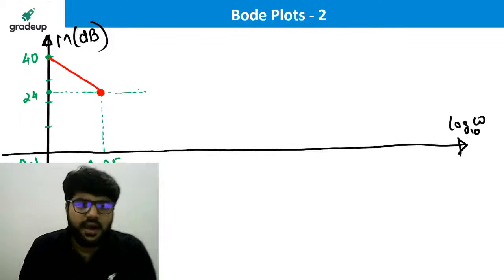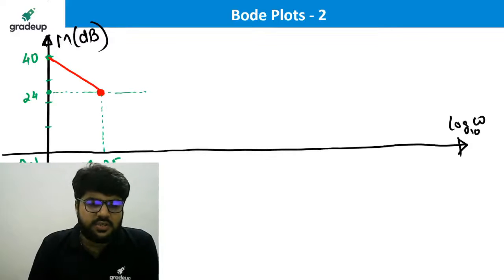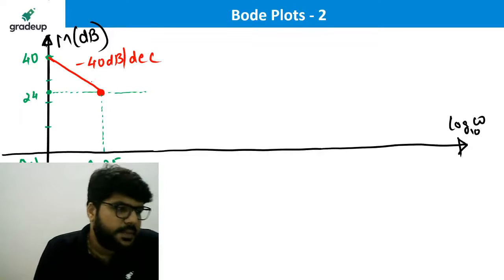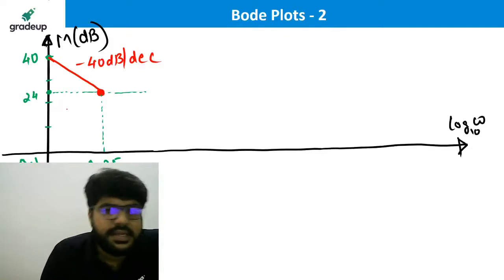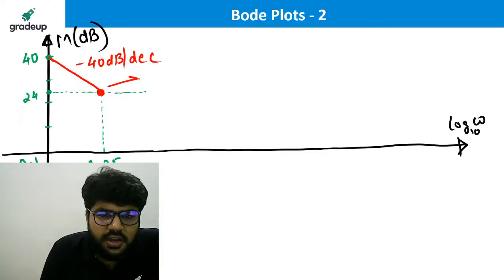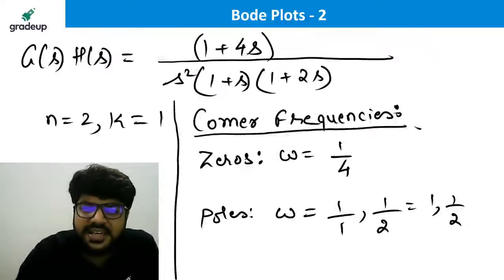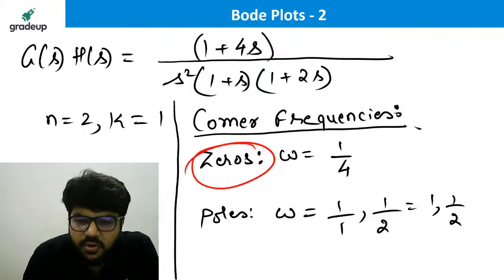Now, what is the initial slope? Initial slope we know is minus 40 decibel per decade. Now, this is the corner frequency 0.25, and it is due to a zero.